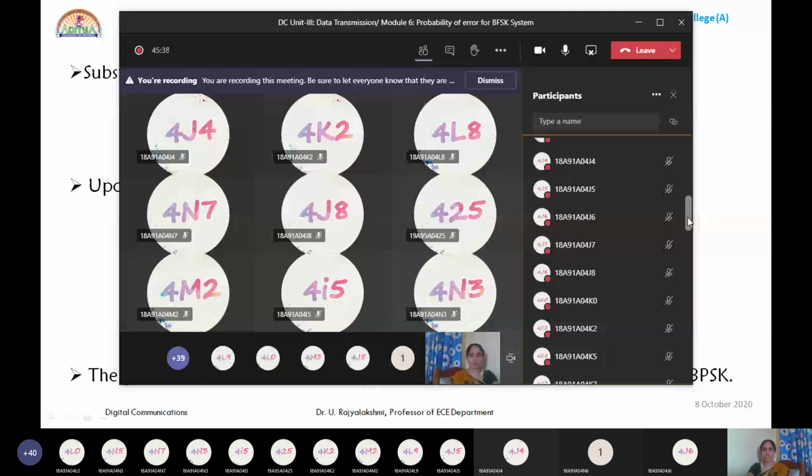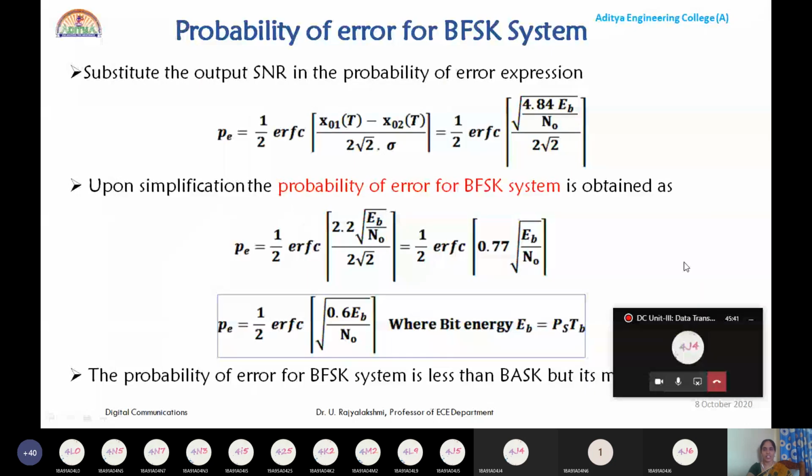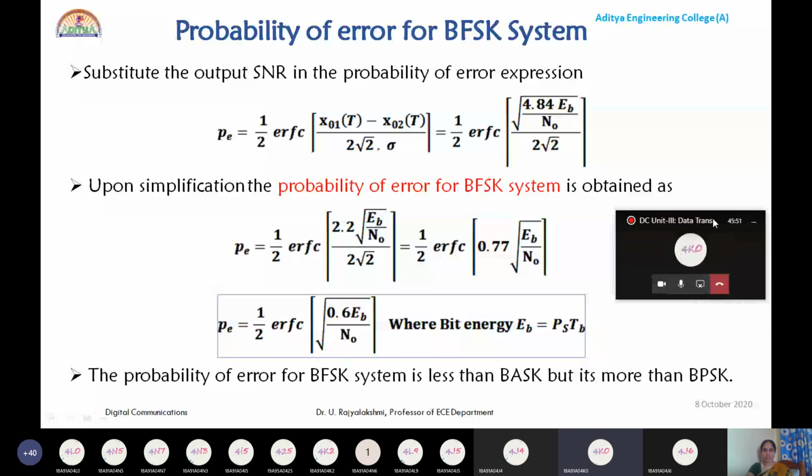K0. Yes, ma'am. Can you tell me the probability of error expression for BASK, binary ASK system? Half ERFC of square root of EB by 4 N naught. If you take 4 to the numerator, you will get 0.25 EB by N naught. Okay.